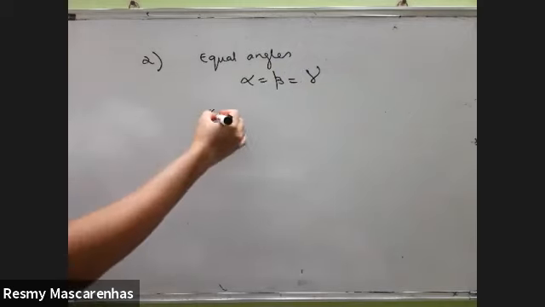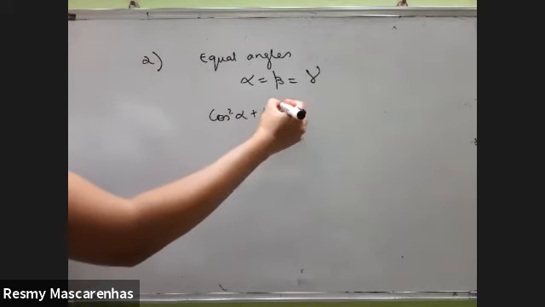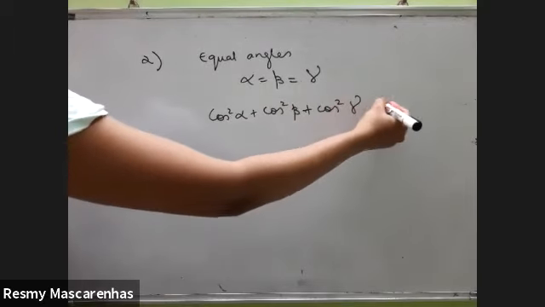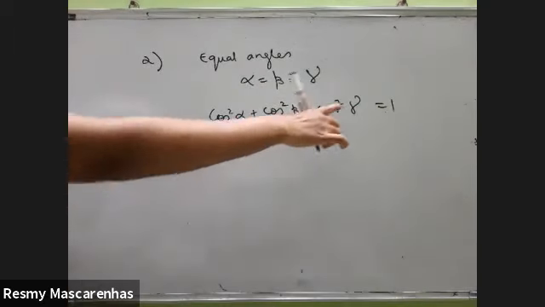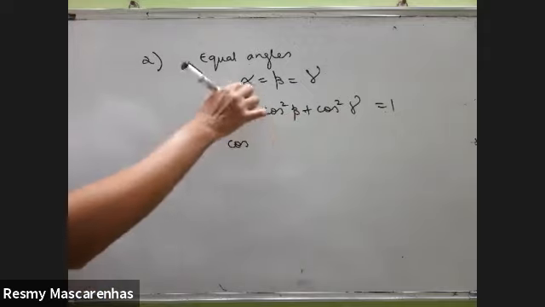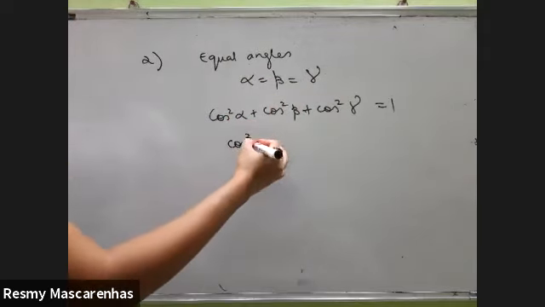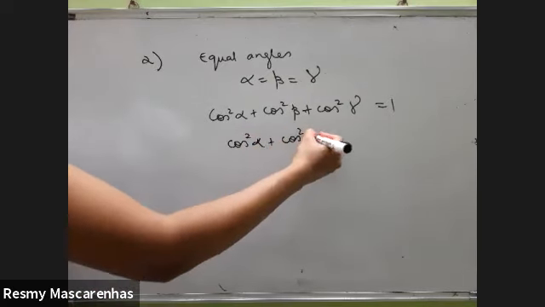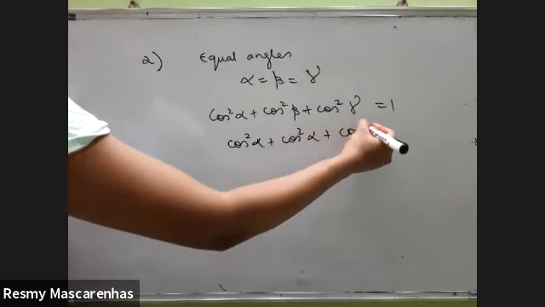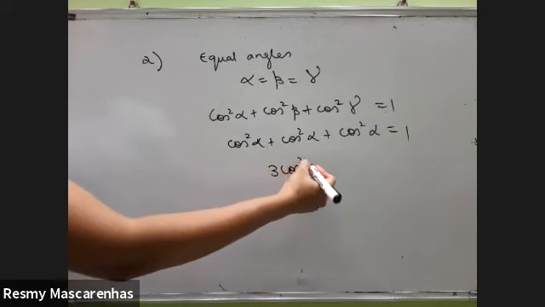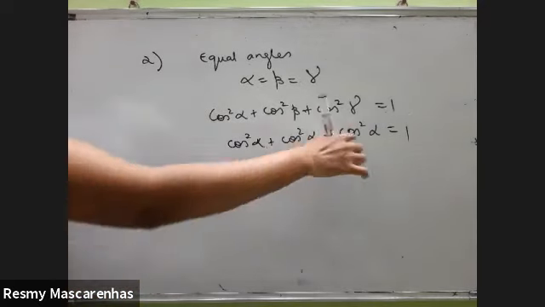So use the same formula, cos square alpha. Instead of alpha, beta, gamma, you can take either one. Everywhere you can substitute beta or everywhere alpha, whichever way. I'll put alpha only because all are anyway equal. So what you'll get is this, 3 times.